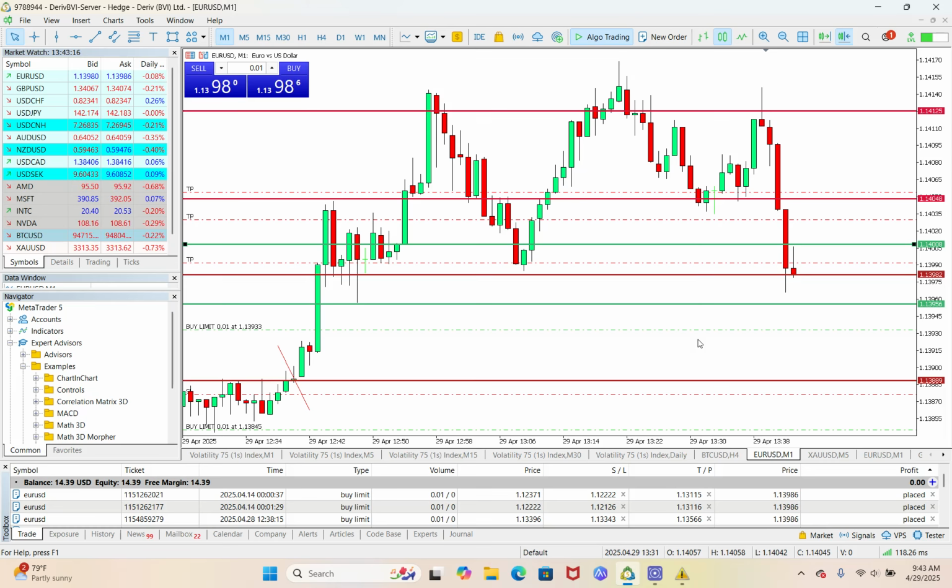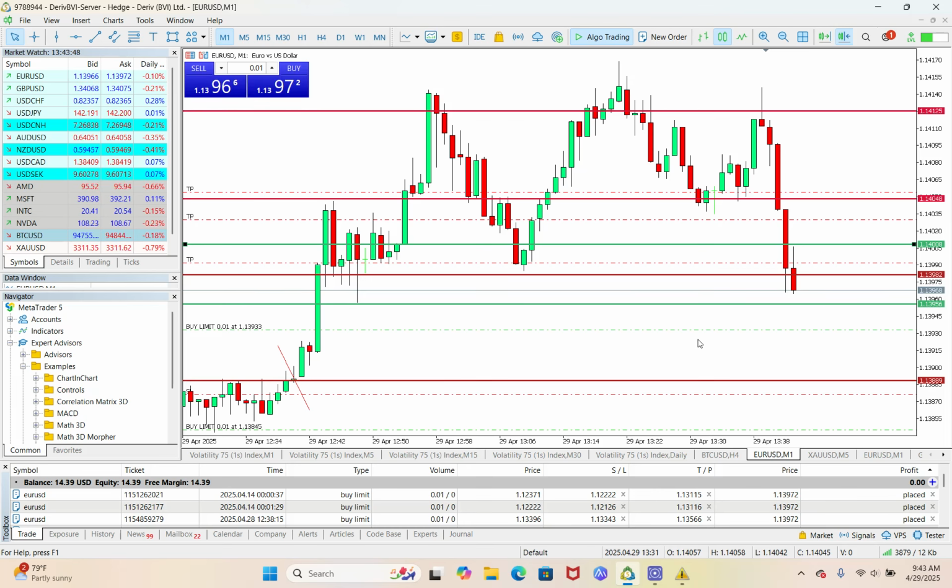If I was using a mini lot, which is 0.1 lot, a 50 pip risk would be $5 with a micro lot.